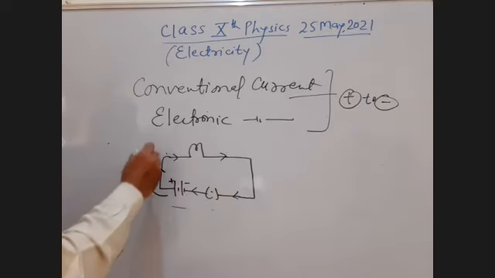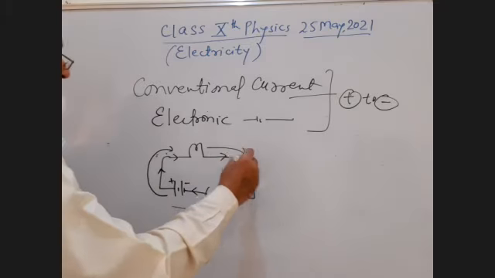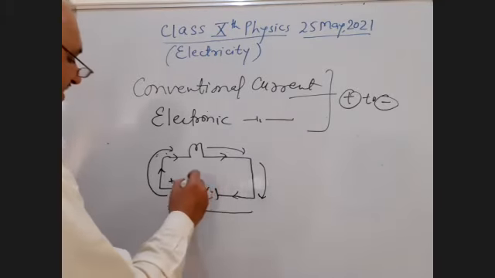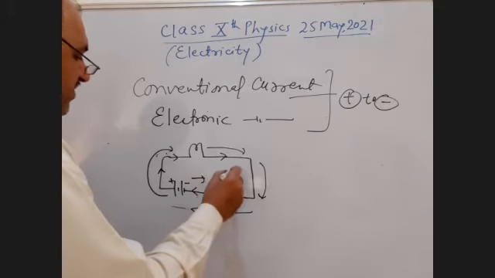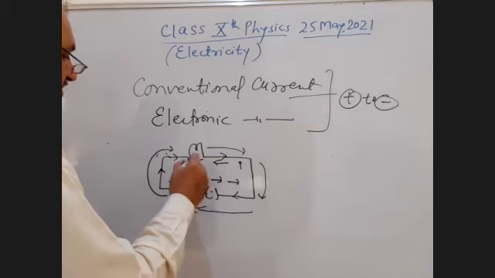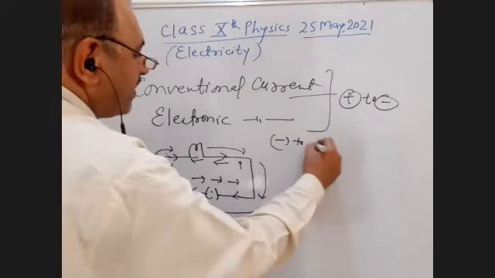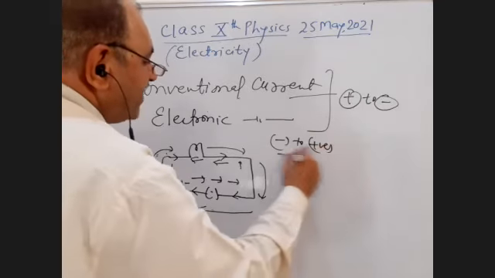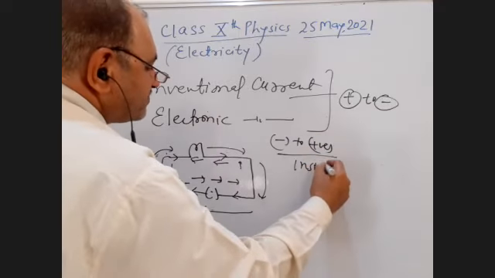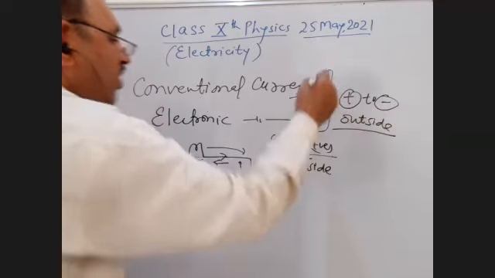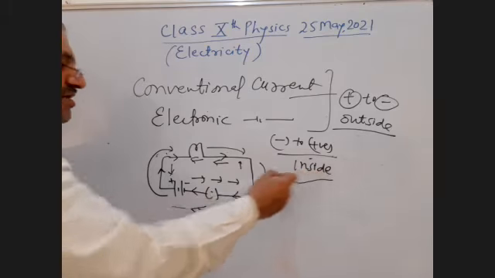From outside the circuit, the current which is flowing is called conventional current. And inside the circuit, the current which flows from the negative terminal to the positive terminal, from negative to positive, is called electronic current.